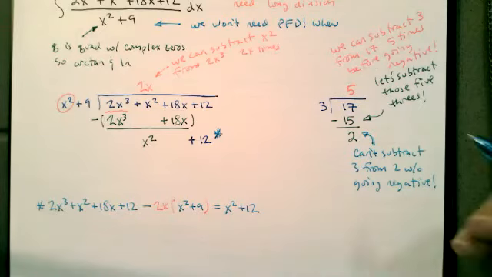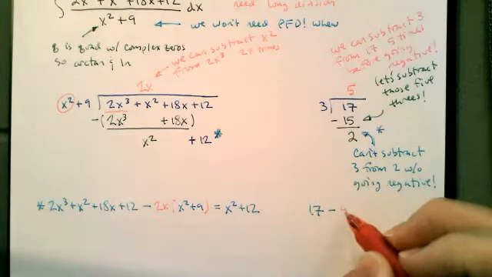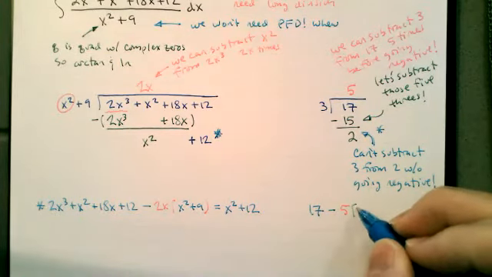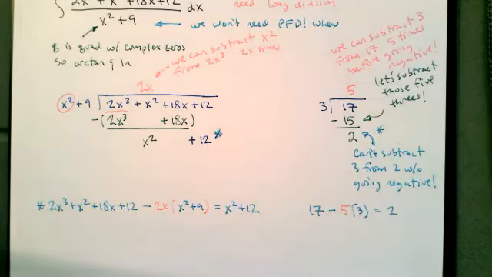In the same way that this 2 was 17 minus 5 of the 3s. In the number example, I can no longer subtract 3 from the 2 without going negative.